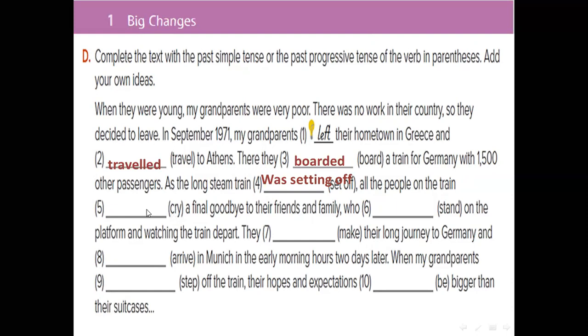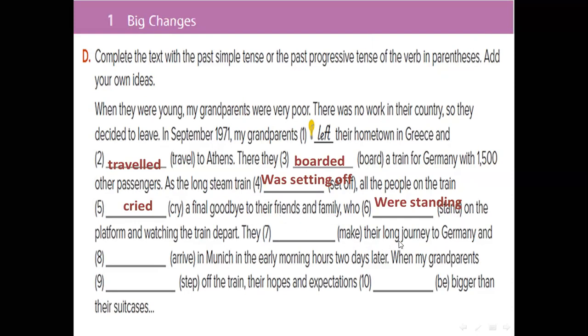The past form of cry is cried. Don't forget to change Y into I. Who on the platform and watching the train depart. This is the past progressive tense, okay? So we will use were standing, were plus ing, because friends and family plural.